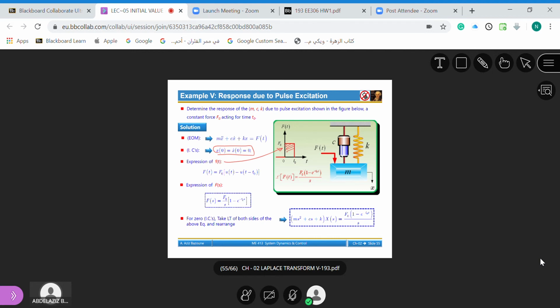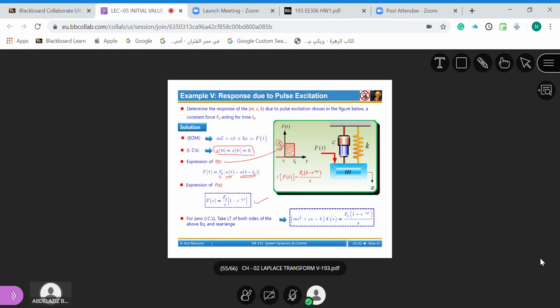We found its Laplace transform to be f naught, the amplitude, times 1 minus e to the minus t0 s, over s. Or you can look at it as magnitude f naught times a step function that starts at 0, minus another step function that starts at t0 later. Either way, we can find the Laplace transform, which is given by this equation.